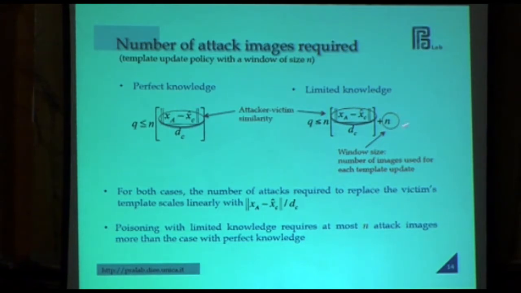And the other is how many images the template self-update algorithm is using. How many images, for example, are averaged to create the new template. But in any case, you can immediately see that the bounds scale up linearly. So, well, the attack is quite effective.